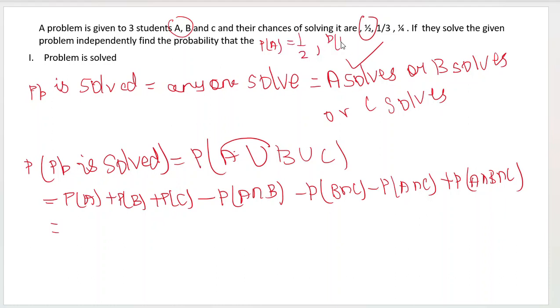P of B similarly we are given as 1 by 3, and P of C we are given as 1 by 4. Now our job is to find A intersection B, B intersection C, A intersection C, and P of A intersection B intersection C.